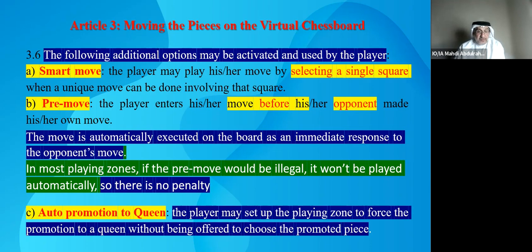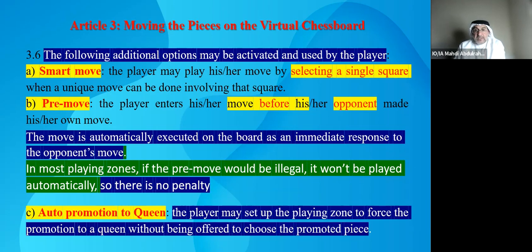But if you activate auto promotion to queen, maybe you notice in some positions that you don't need a queen, because if you promote to a queen, maybe it will be stalemate or something else. For that, it is better not to activate auto promotion to queen on your platform.